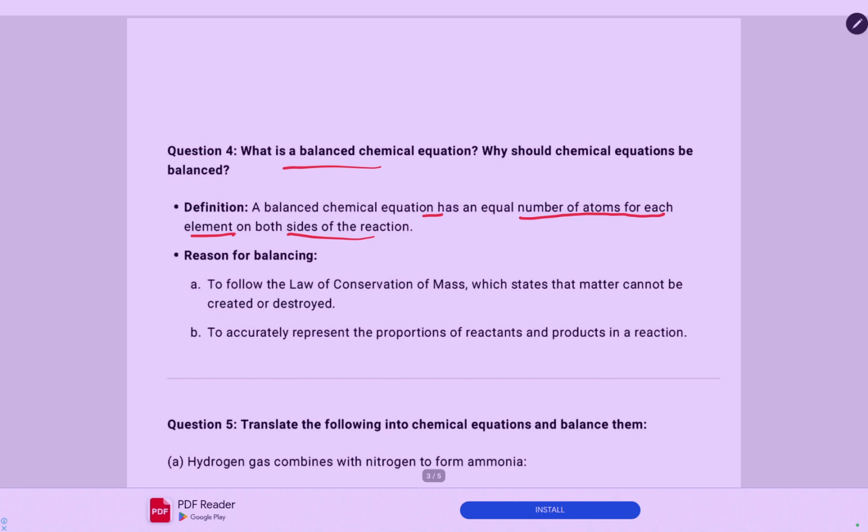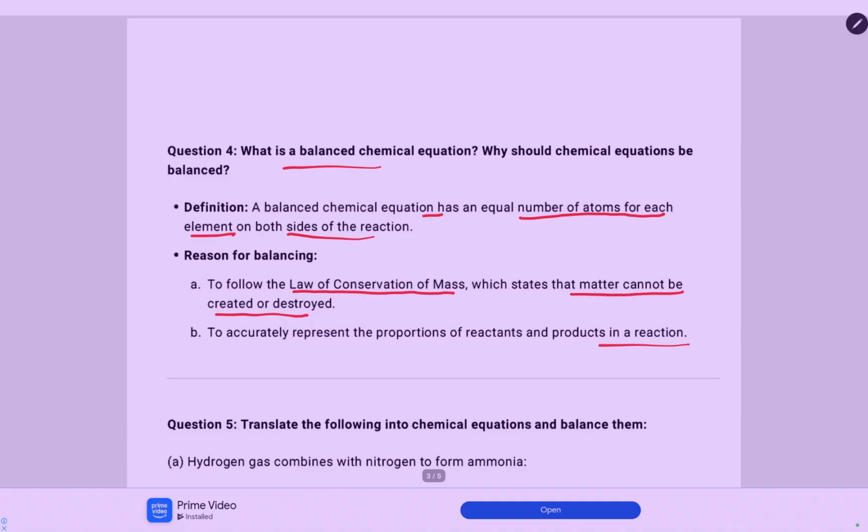If you write a chemical equation, the number of atoms on both sides should match with each other. Why we need to balance a chemical reaction is, first, the law of conservation of mass, which states that matter can neither be created nor destroyed. Also, to accurately represent the proportions of reactants and products in a reaction, we need to balance the chemical equation.